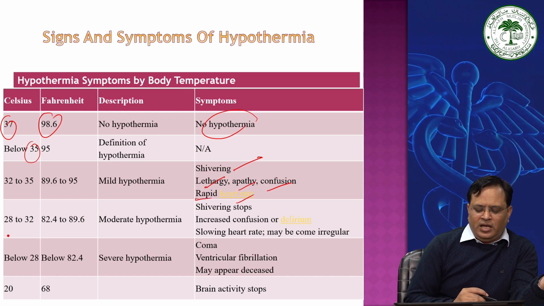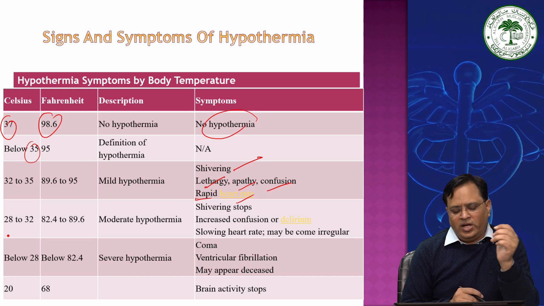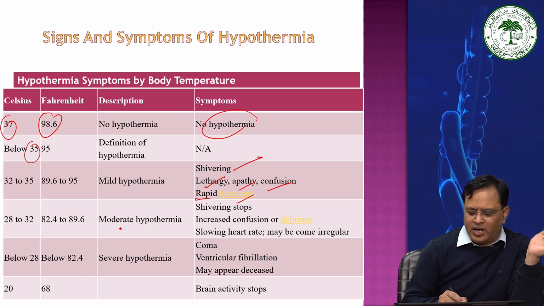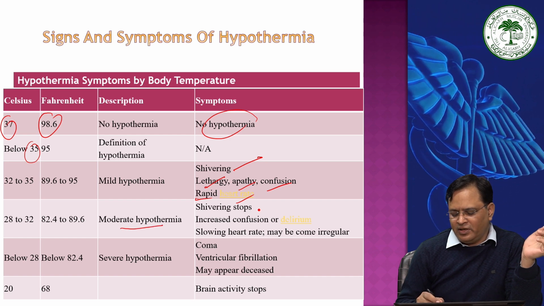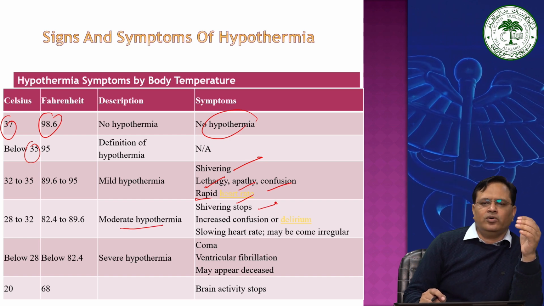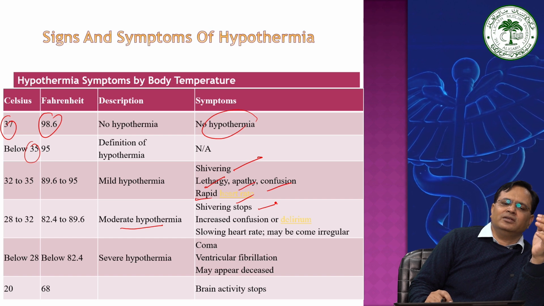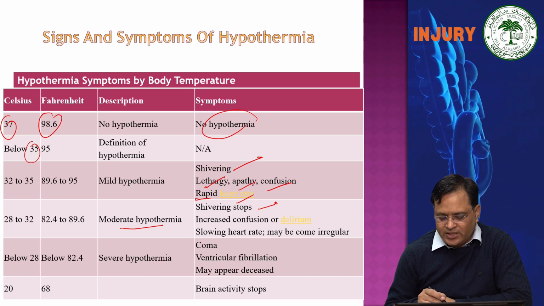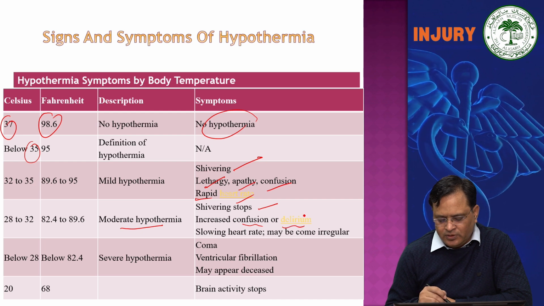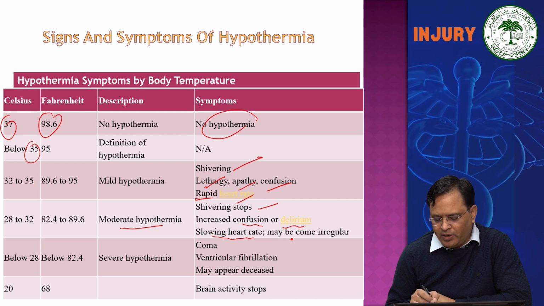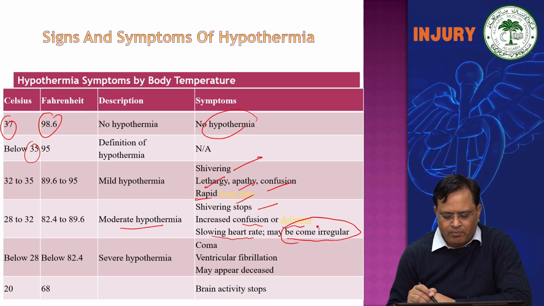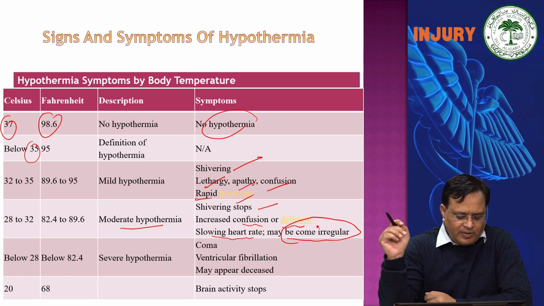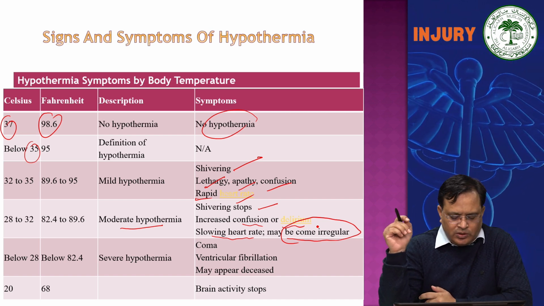From 28 to 32 degrees centigrade is moderate hypothermia. Shivering stops from around 32 or 33 degrees. Below that, there is increased confusion or delirium, and the slowing of heart rate may become irregular, and at 28 degrees sometimes the heart stops also.